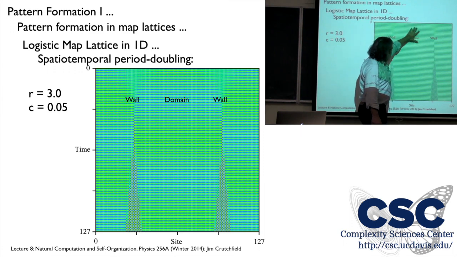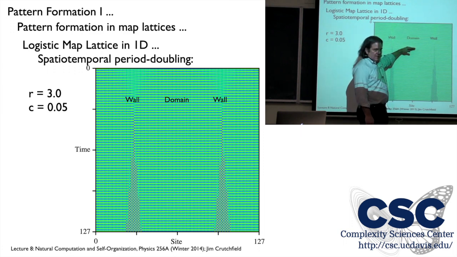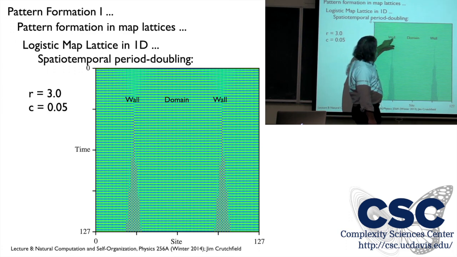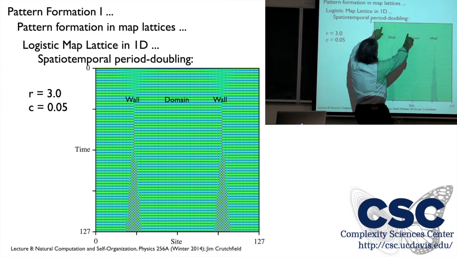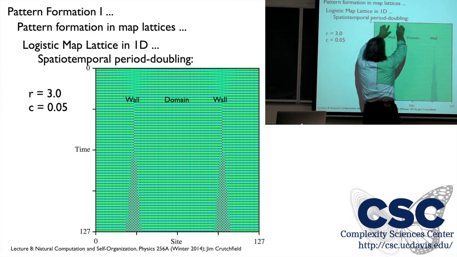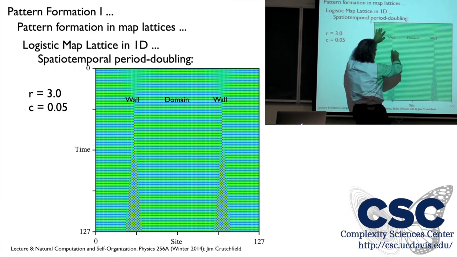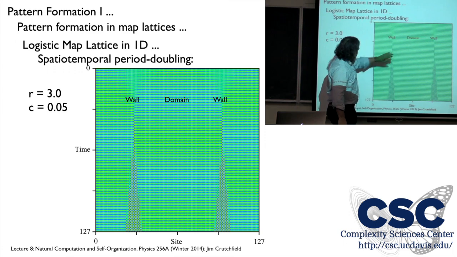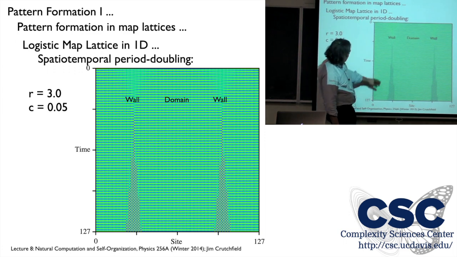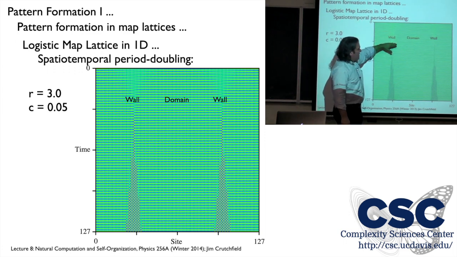Immediately you can see there are regions here where the system is temporally periodic. Green, blue, green, blue, green, blue. And in particular, the sites that weren't in either domain get sharper and sharper up until about here. It's 127 steps. So I just showed you 30 iterations up to about here.